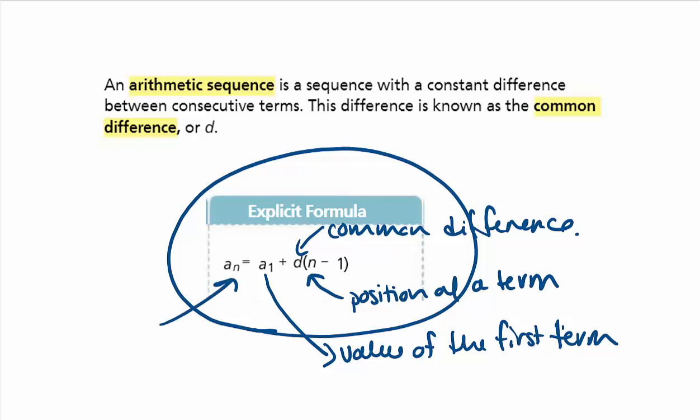And then our a sub n is the value of the term at position n. So you can actually think of n as our independent variable and a sub n as our dependent variable.